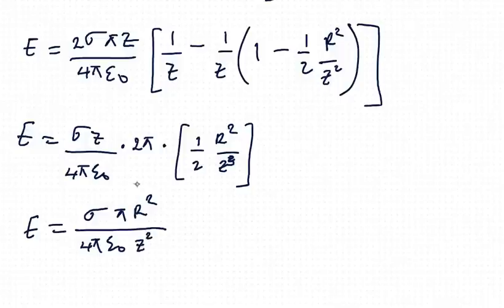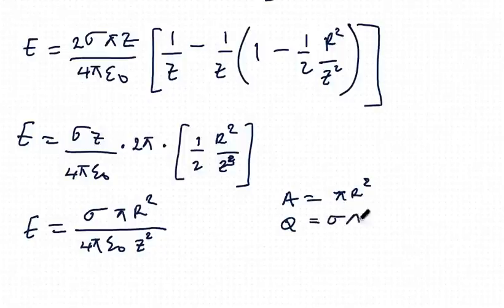But we know that area is equal to pi r squared, and the charge Q is equal to sigma A. Then that means the charge is sigma pi r squared.